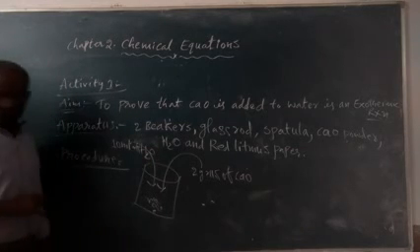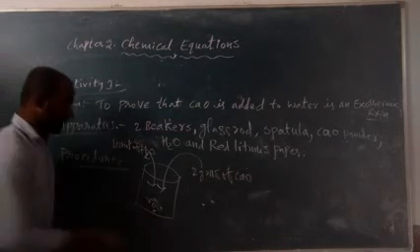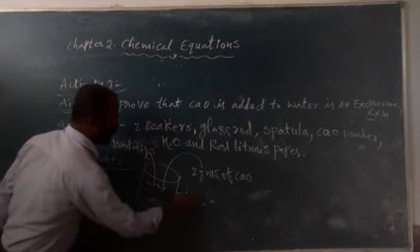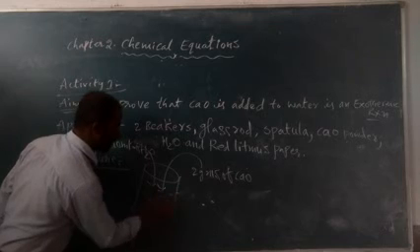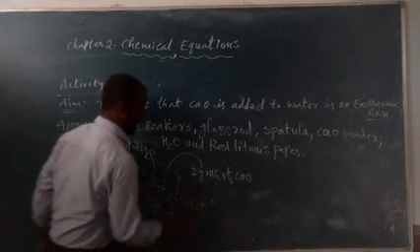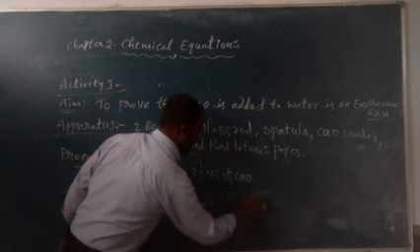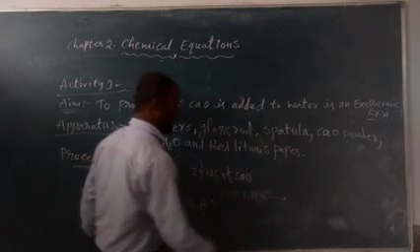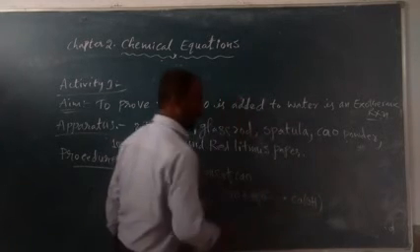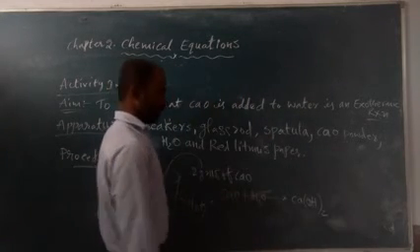Then what will happen? After a few seconds, if you touch the beaker, the beaker is going to be somewhat hot in nature. Calcium oxide, CaO, when added to water, H2O, forms white lime water, that is Ca(OH)2.